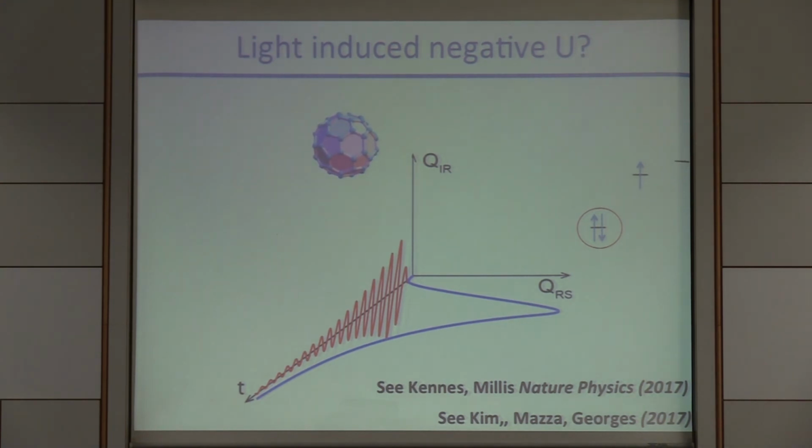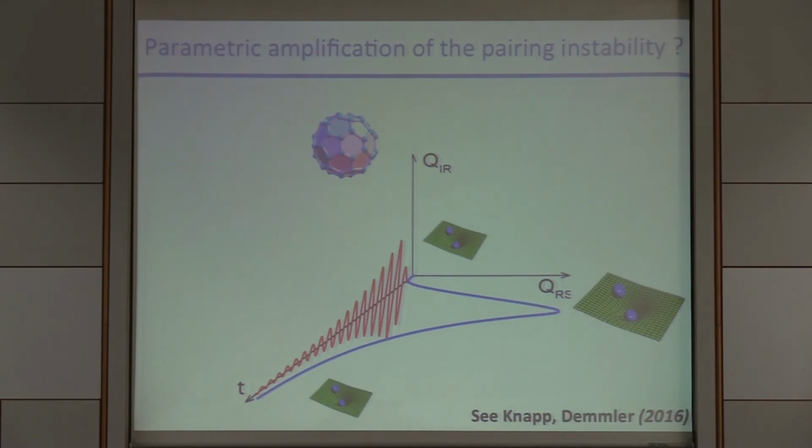Good. The other thing that is my real absolute favorite is the one that is being put forward by the Harvard group, where they're discussing, and whether this is exactly right or is just morally right, I don't know. But what they're suggesting is that by modulating the Hamiltonian with quartic type of nonlinear interactions in the sense of nonlinear phononics, one might be parametrically amplifying the superconducting wave function.